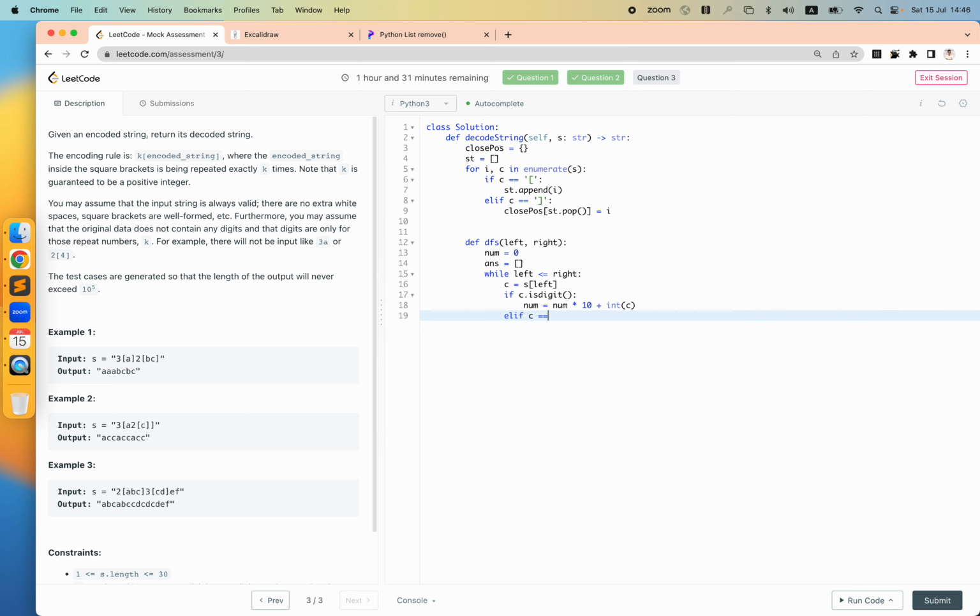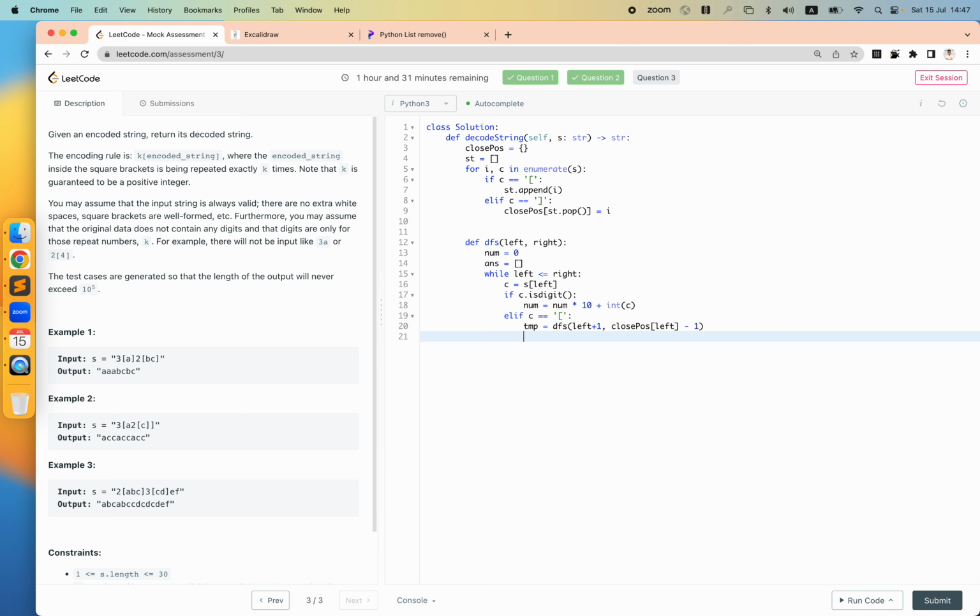If c equals the open bracket, I need to process from this one plus one, and the close position of left, close position of this minus one.